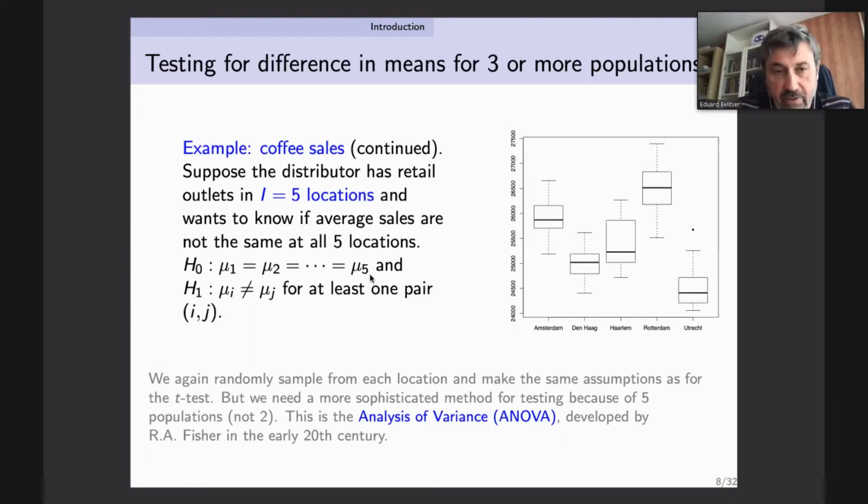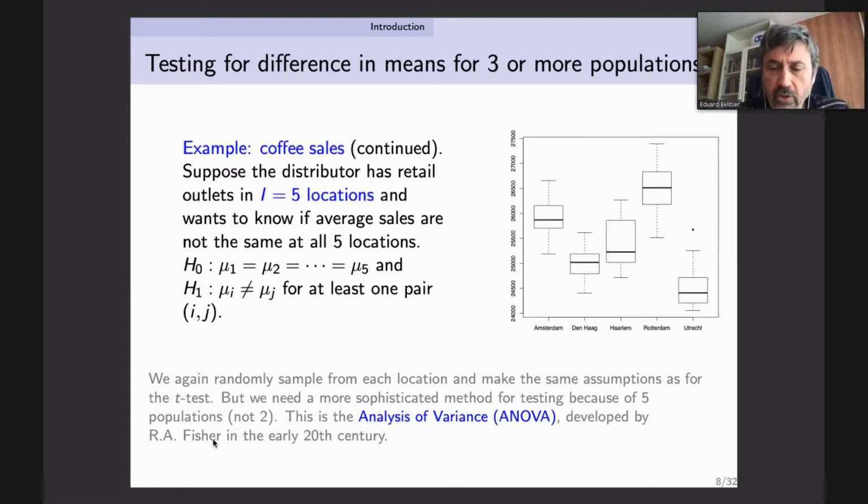To approach this problem, there is Fisher, who is considered to be a founder of statistics. He played a very prominent role in establishing statistics as a discipline. Many consider him a founder of statistics, but many are not happy about him.